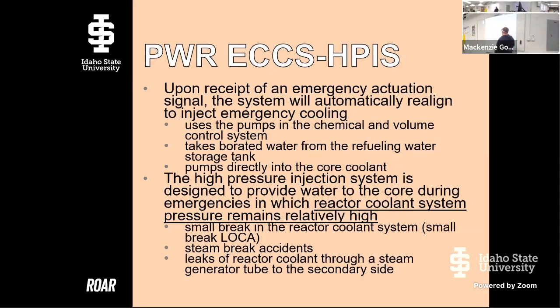A high pressure injection system provides water to the core during reactor coolant system situations where the pressure remains high. So this is a small break LOCA, steam pipe break, or leak through a steam generator tube, small leaks. You can maintain pressure, and then you're going to use your high pressure injection system.